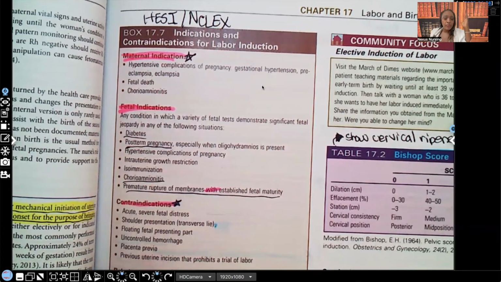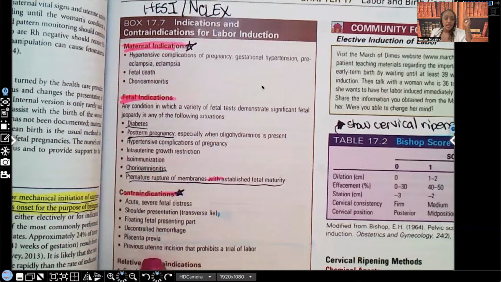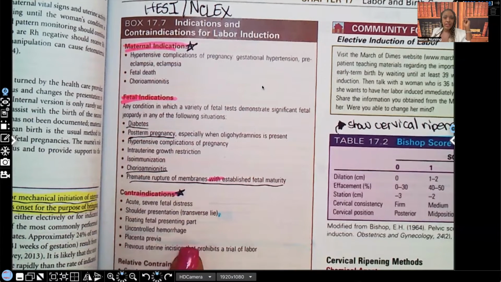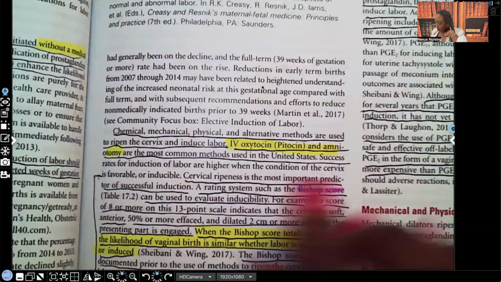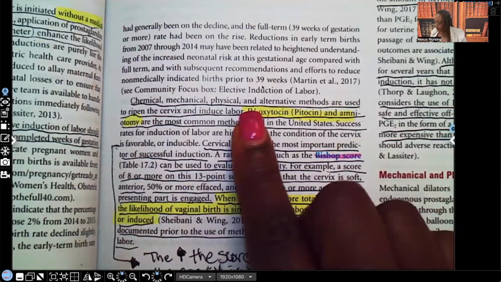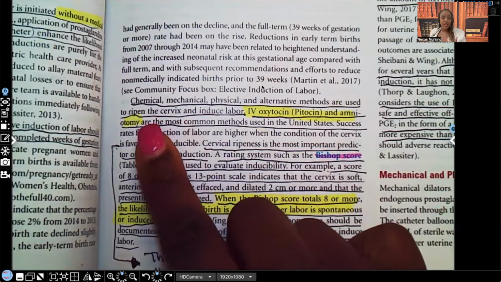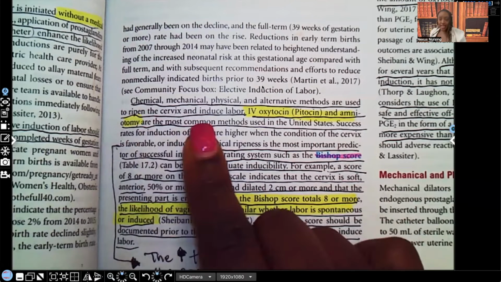Placenta previa and previous uterine incision, that prohibits a trial of labor. So all of these guys are contraindications that we absolutely would not induce labor. Chemical, mechanical, physical, and alternative methods are used to ripen. Again, when they say ripen the cervix, that means to make that cervix ready for those contractions and dilation, to ripen the cervix and induce labor.